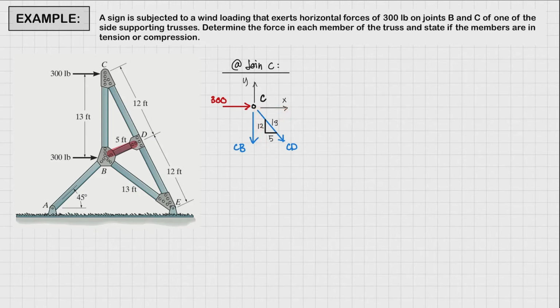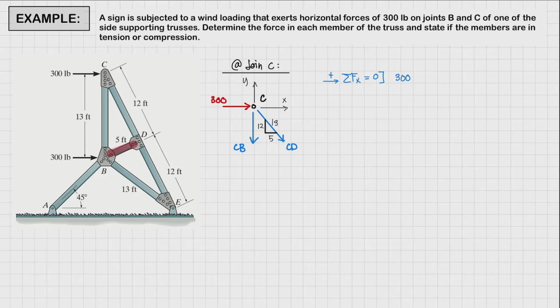All right. So let's start with the summation of forces along the x-axis. We're going to assume a positive direction acting towards the right. The summation of forces along the x-axis must be equal to 0 for it to be in equilibrium. So let's start with 300 pounds. That's going to be positive since it's acting towards the right.